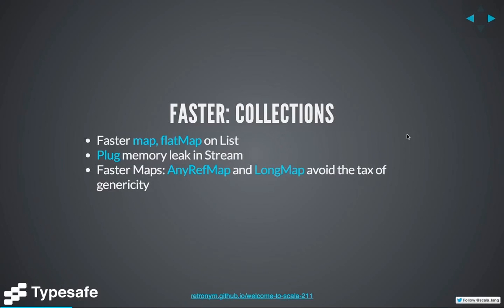This is the AnyRefMap, and we've used that within the compiler itself in some performance critical places and seen some good speedups because of that. And that's part of the standard library. So if profiling suggests that you're spending a lot of time in map lookups, you can look into that for your own application. There's also a variant, LongMap, where the keys are of type Long.